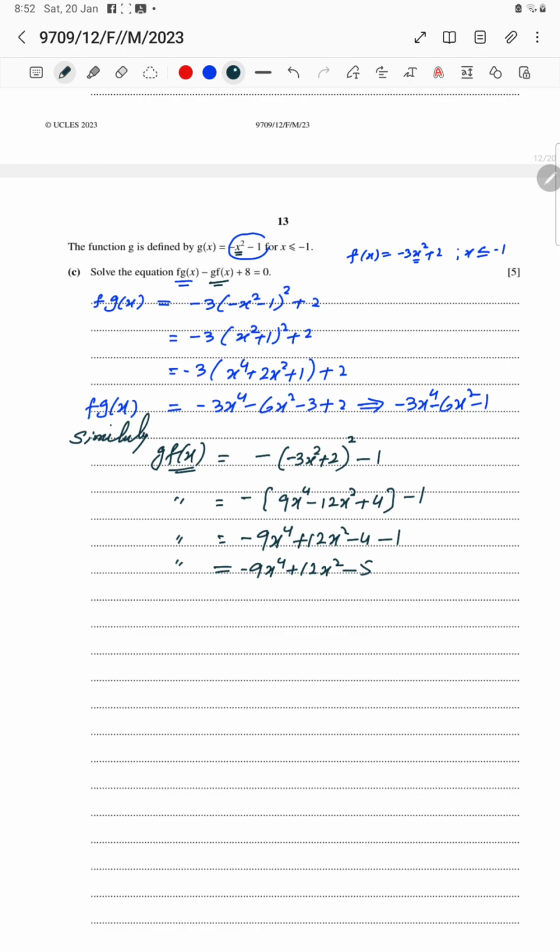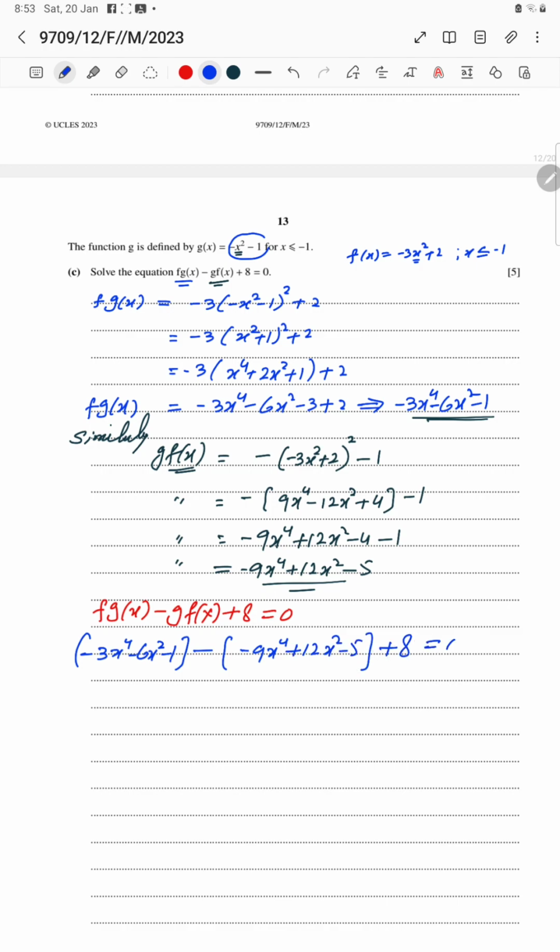Now finally, what to do? We have to substitute this result and this result in the question as f g of x minus g f of x plus 8 equal to 0, and solve this. The first result was -3x^4 -6x square -1 minus, and this is (-9x^4 plus 12x square minus 5). Use the bracket because the sign will change again, plus 8 equal to 0.